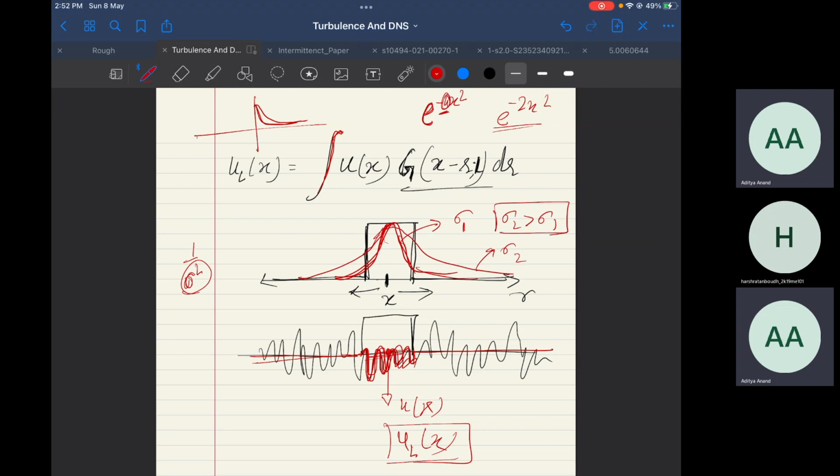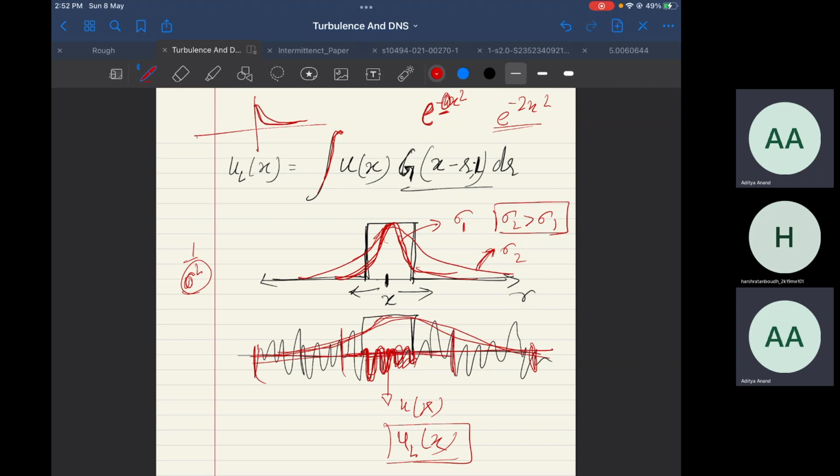So what would be the effect of using sigma 2? This will average over a larger window, right? Yeah. And this will average over a smaller window. So your larger scale filter is actually averaging over larger scales. So it is filtering out all these fluctuations over this scale. And your smaller sigma 1 will filter out only over this scale.